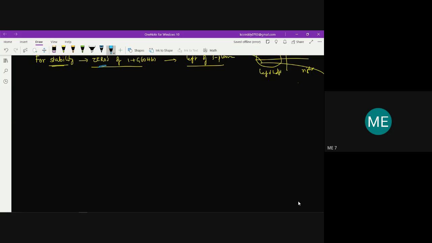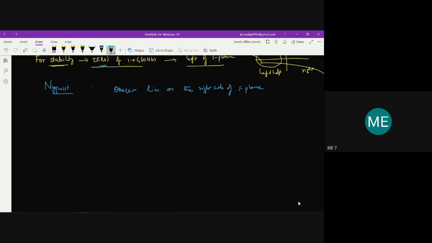What Nyquist has suggested is, rather than studying whether all the zeros are on the left hand side, it is better to test the presence of any one zero. If any one zero lies on the right side of the s plane, then you can say the system is unstable.